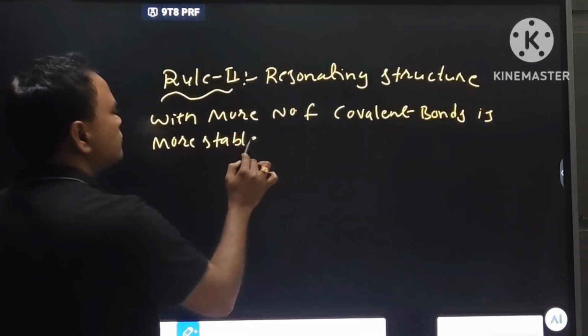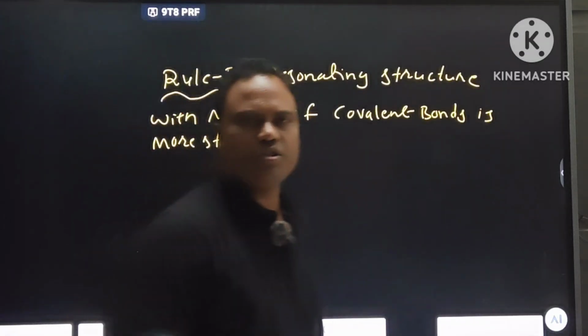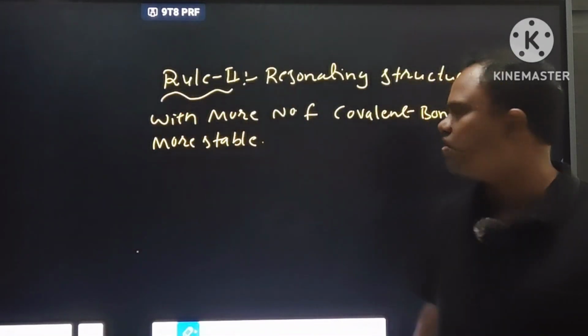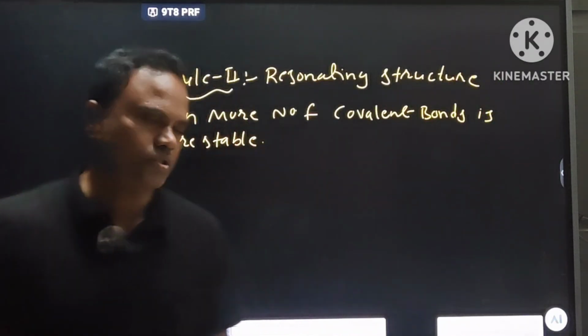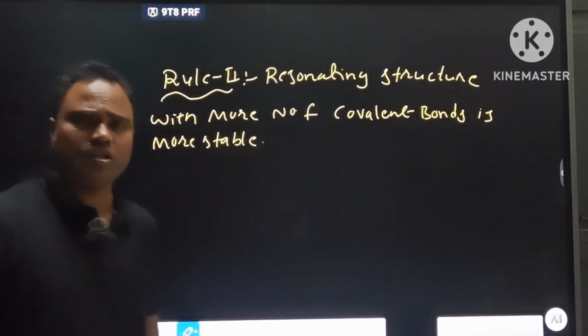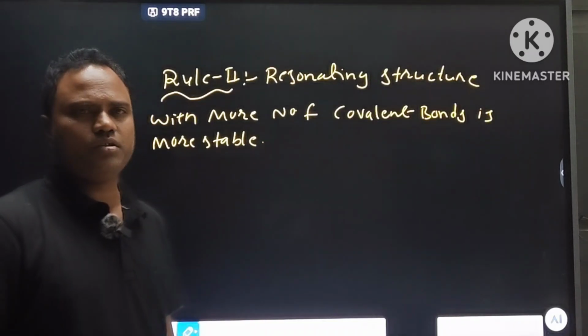Resonating structure with more number of covalent bonds is more stable. See this, I'll explain the reason also. What is the reason for that?